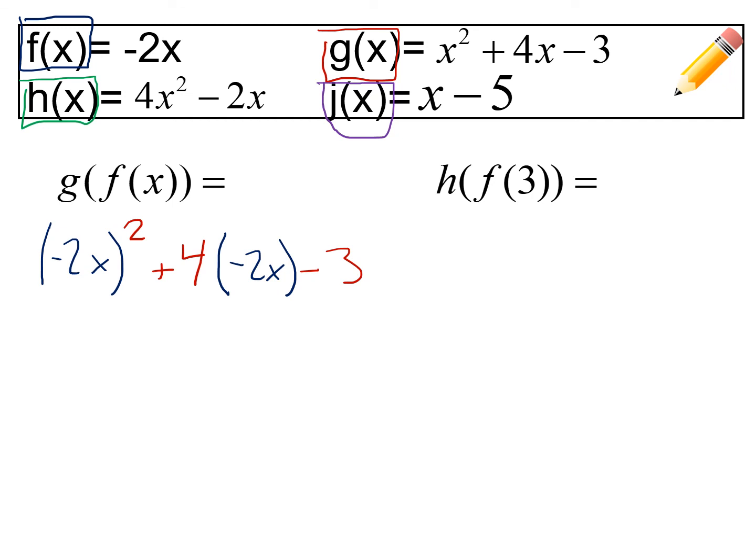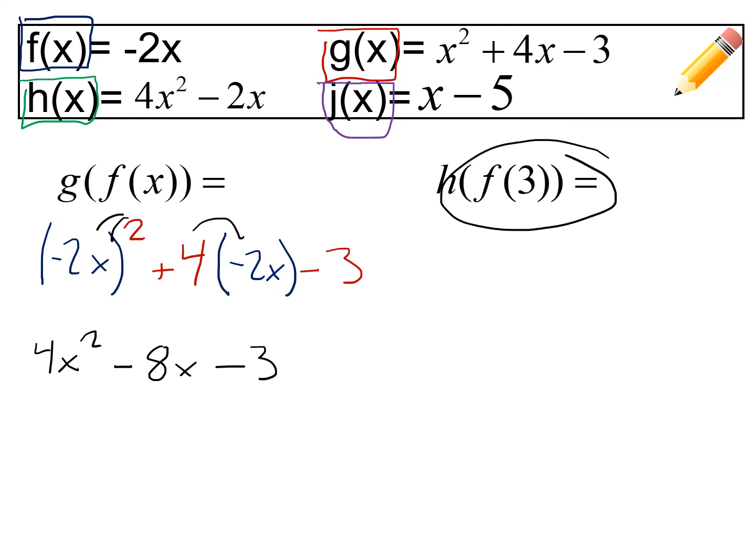And now to simplify, I use the product rule for exponents. So negative 2 squared is 4, and x squared. The next term becomes minus 8x when I multiply these two together, and minus 3. So there's our new function g of f of x. I'm going to leave this last one for you guys as an exercise.